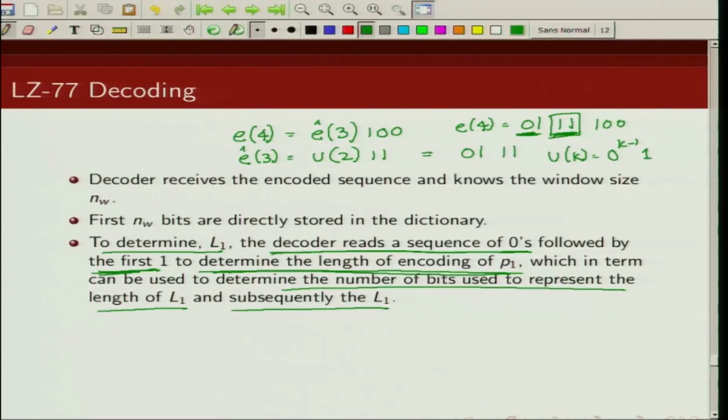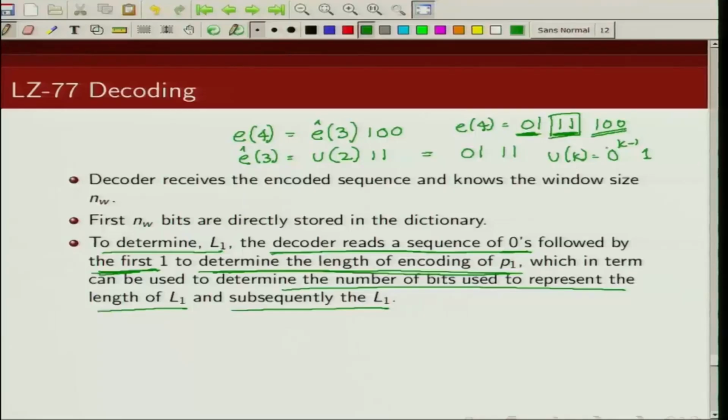So we have knowledge that the next 3 bits are used to represent L. We look at the next 3 bits, and that is 1 0 0. That is the binary representation of 4, and that's how we decode that L is 4, right? So that's how we do it.